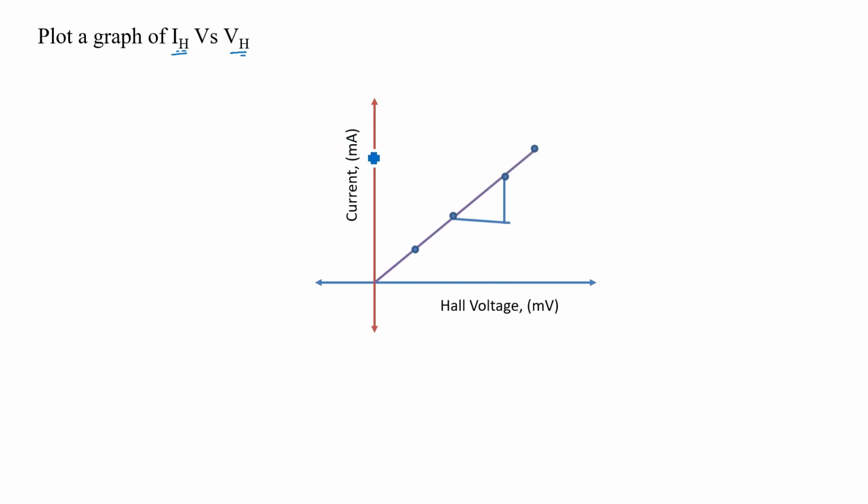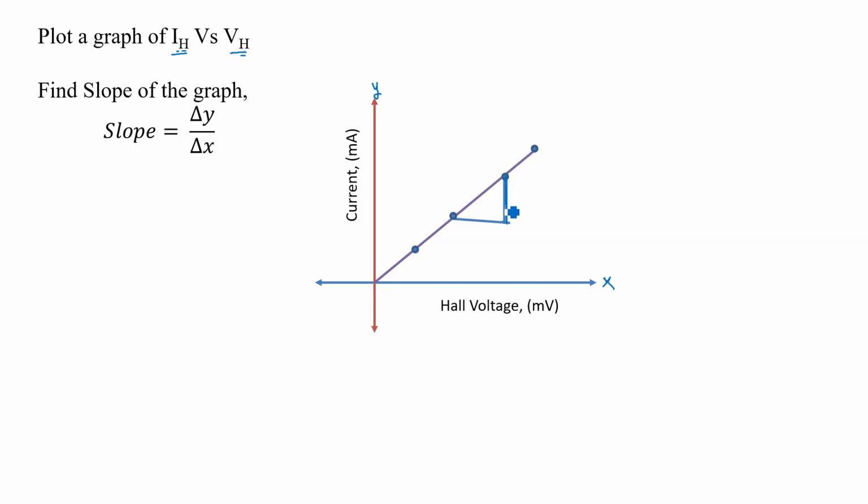What I mean by that is, on the y-axis you plot the current and on the x-axis you take the value of voltage, and just plot the points and connect them. As there is a direct proportion, you will get a straight line. Then find the slope of this graph. That is, any 2 points of this straight line you connect as shown here.